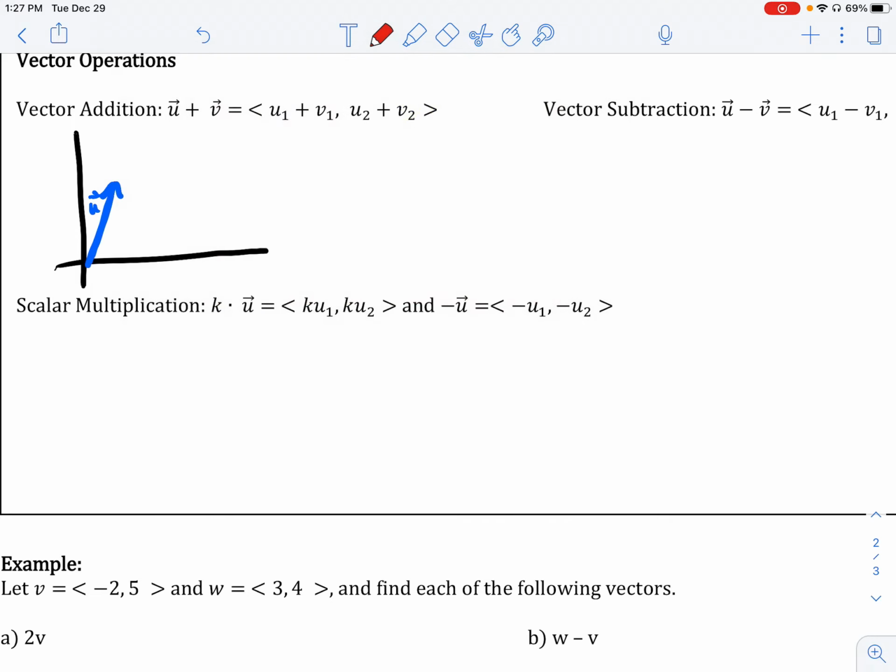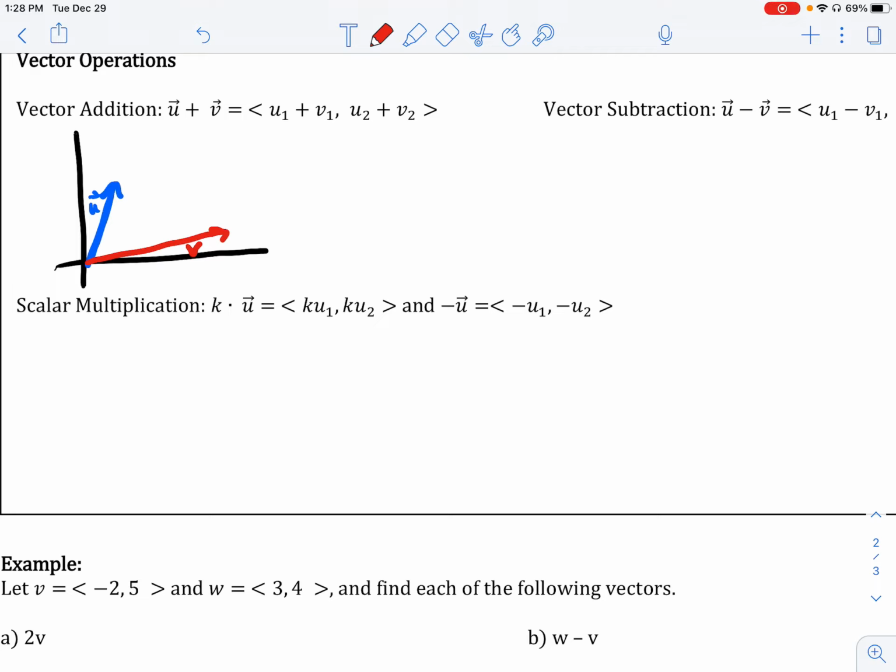And vector v, let's just do this in a different color, something like this, vector v. If I were to add vector u and v together, when we're just finding what the resultant vector is, we can just go ahead and add the x components, add the y components, and we will get our resultant vector.